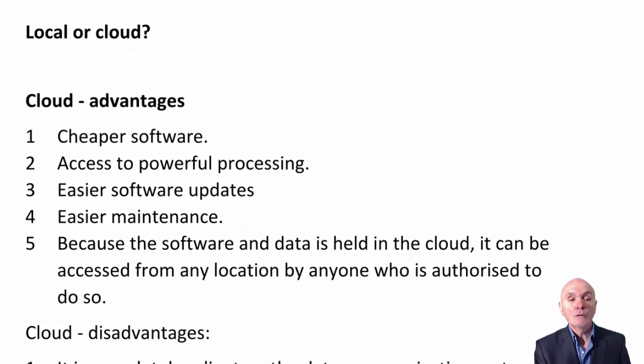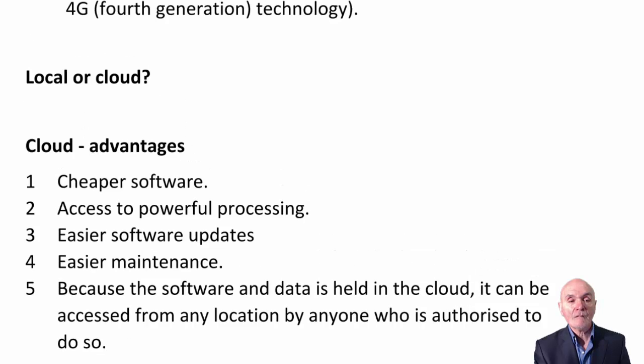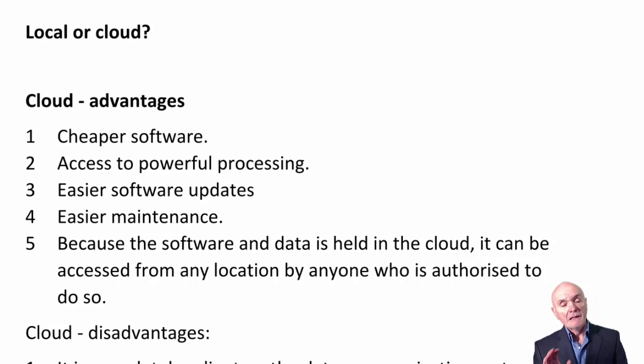Next, there is local or cloud. Now, what's meant by local or cloud? Well, if you have a local system, it means you have your personal computer sitting in front of you, and on it you have all your files and all your programs.